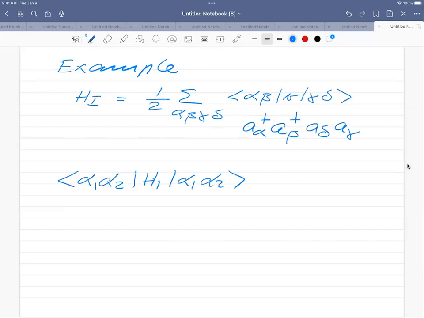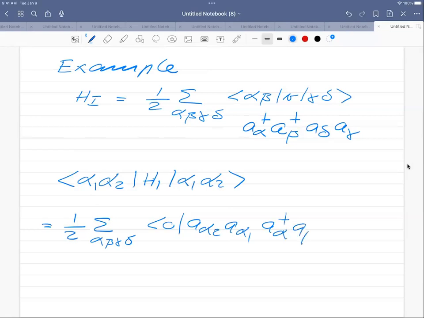So in this particular case, what we would have is a factor of a half. I have this sum over alpha, beta, gamma, delta. And then I have my vacuum state. I have an A alpha 2, an A alpha 1. And then I have my A alpha, A beta, and these are creation operators.